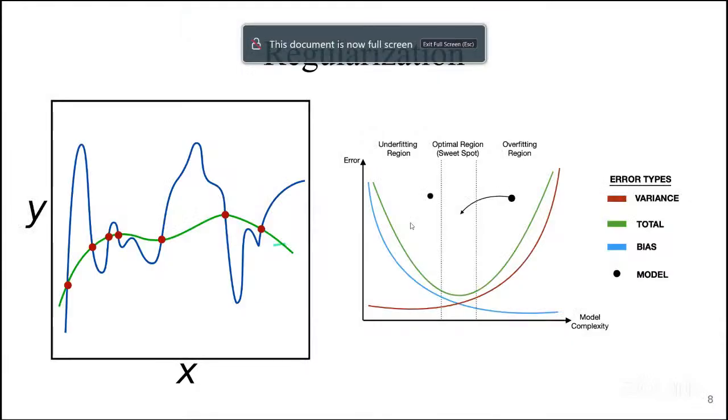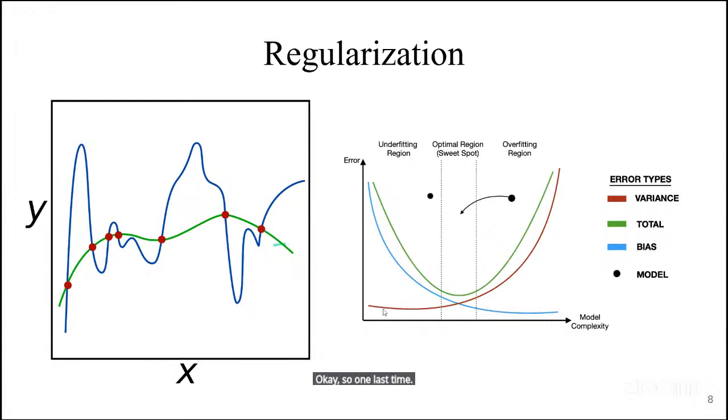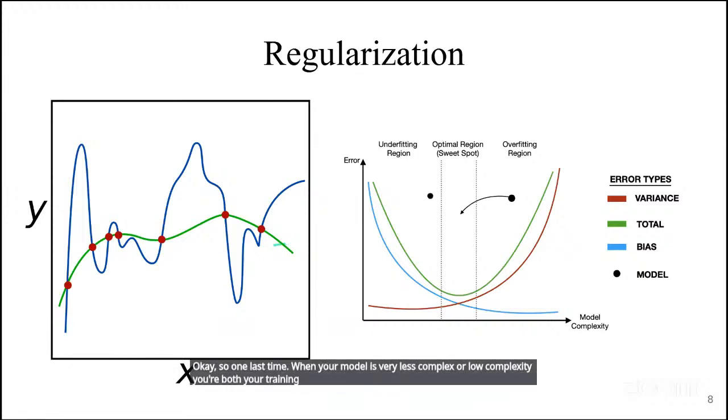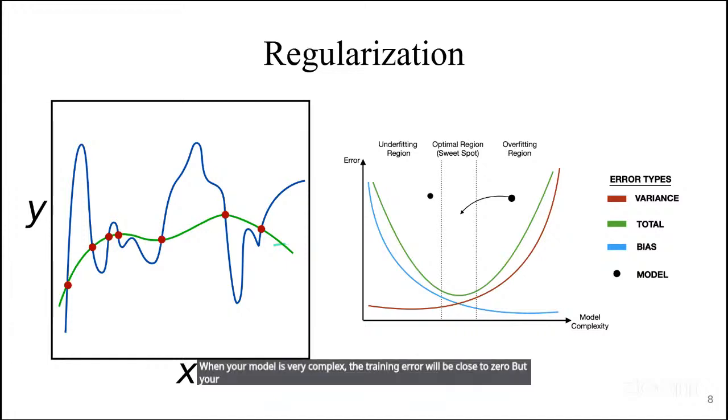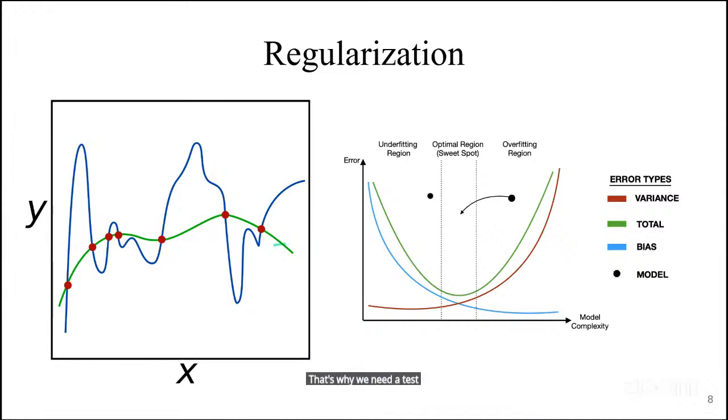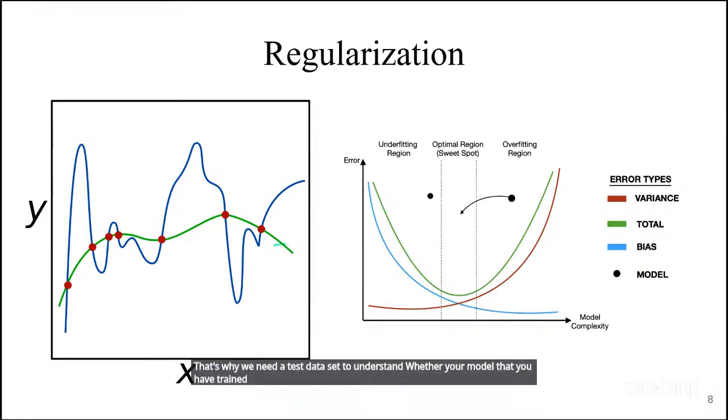So one last time, when your model is very low complexity, both your training error and test error will be very high. When your model is very complex, your training error will be close to zero, but your test error will still be very high. That's why we need a test data set, to understand whether the model you have trained will perform well on unseen data or not.